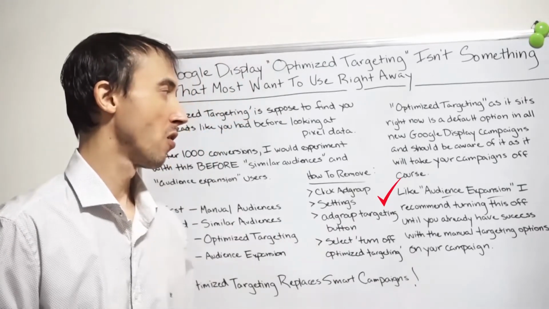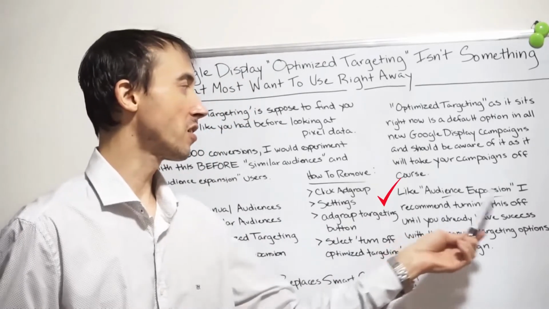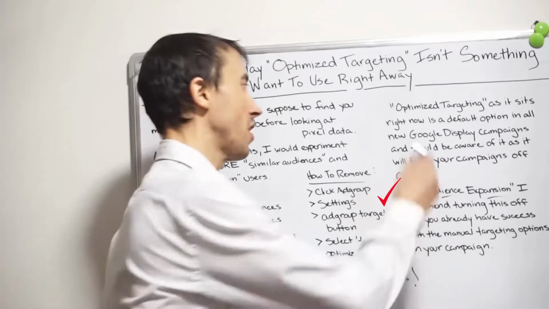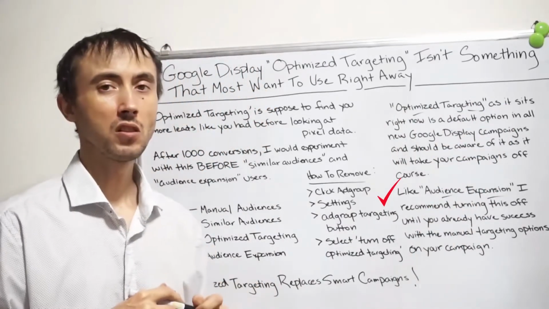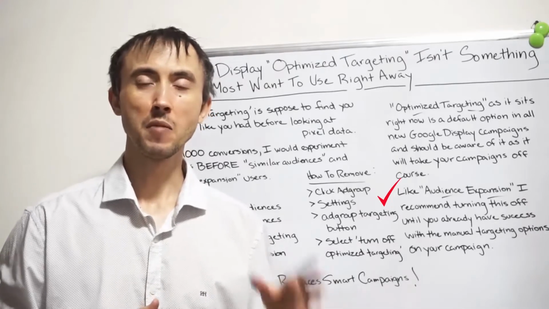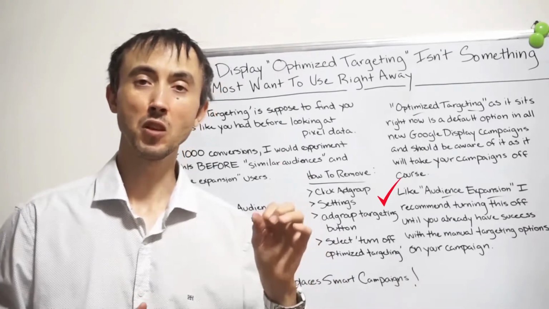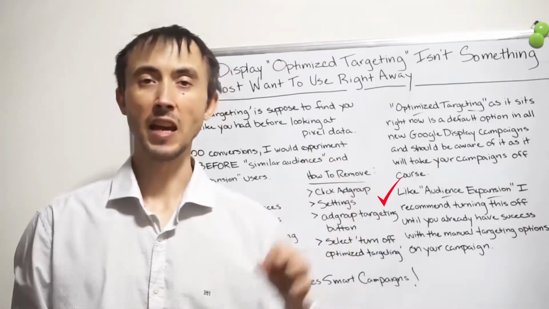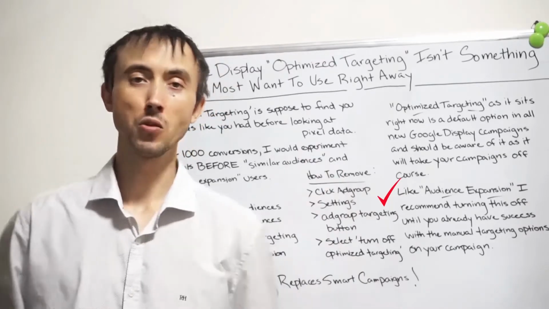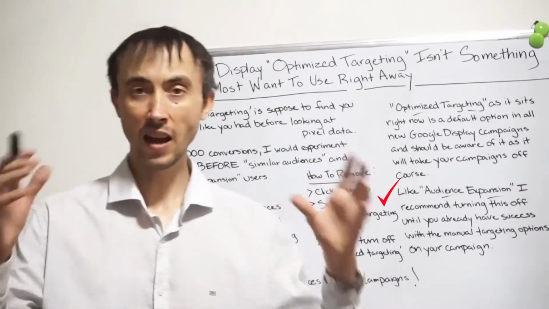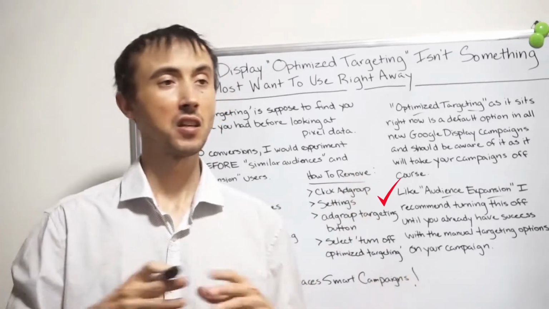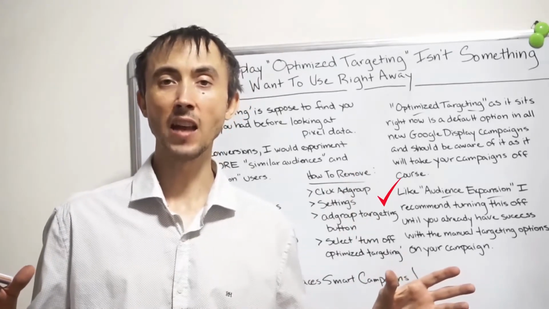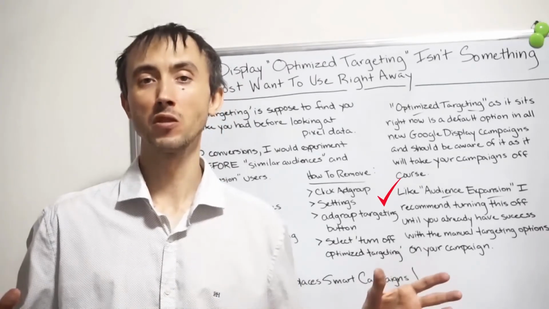The difference between audience expansion and optimized targeting is that optimized targeting uses your pixel data, specifically the purchasing pixel data, who bought or who turned into a lead, to try to analyze all the different data points of what those users are, because Google has millions of possible categories that they can put all of their users into.